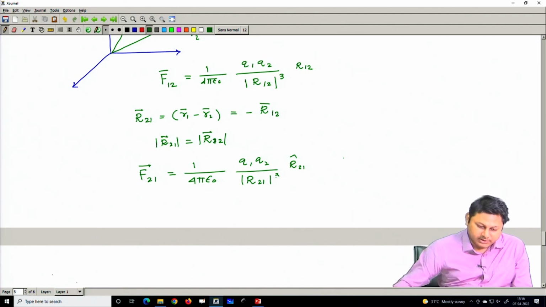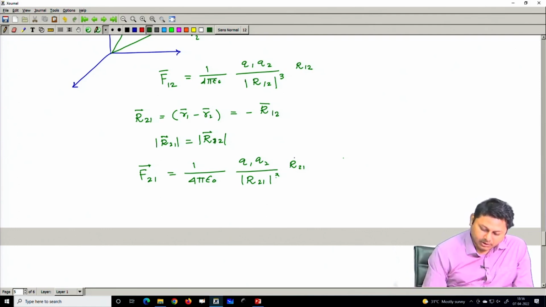Okay, not unit vector, this is simply r21 because I am making cube here.